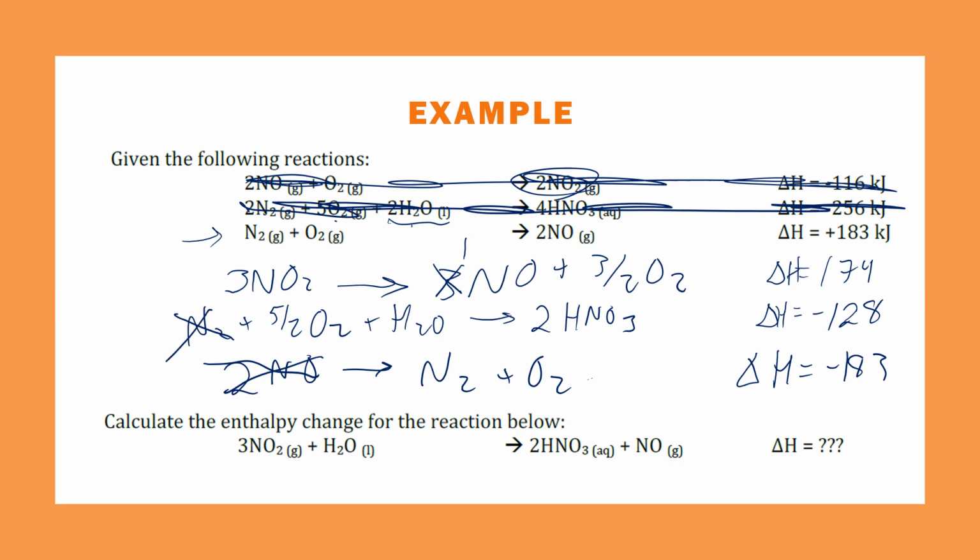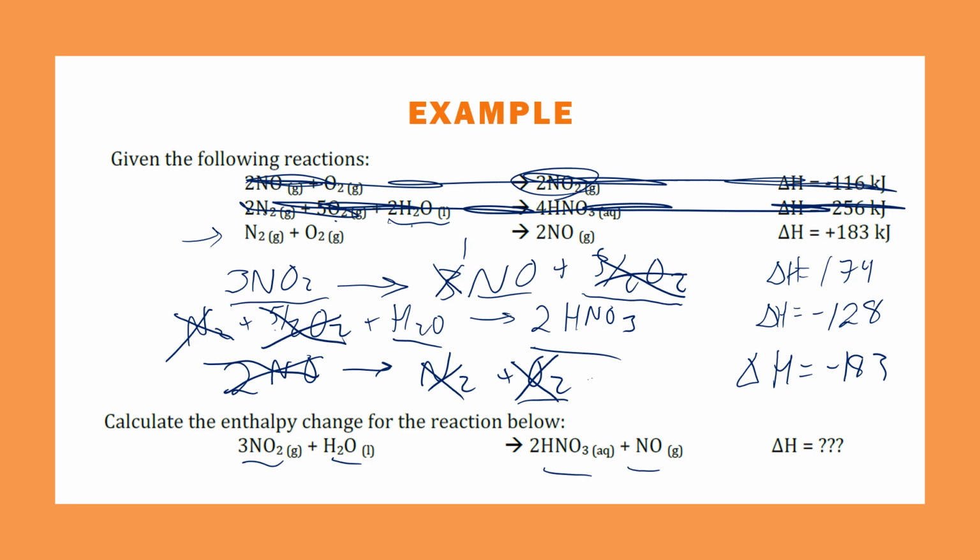The N2 cancels. And then I have 3/2 O2 and 1 O2, so that makes 5/2 O2, which cancels out with this 5/2 O2. So the oxygens cancel, which is good. So now I'm left with my 3NO2, my 1 water, my 2HNO3, and my NO. So everything adds up perfectly.